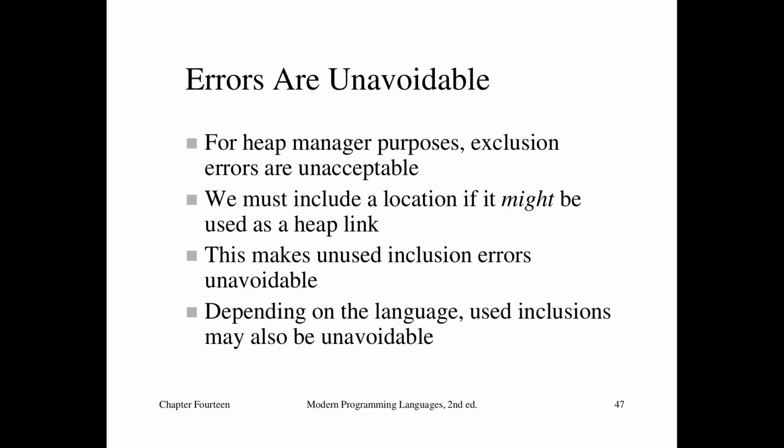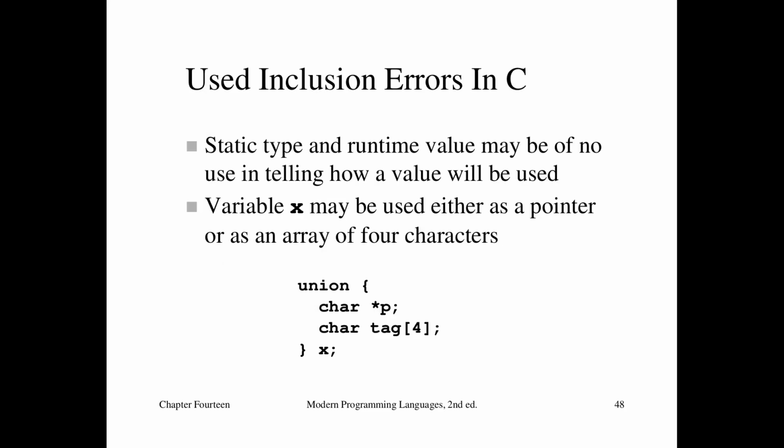If we accidentally give them the capability to use inclusions in the wrong way, we may not be able to escape that. For example, in C you can do pointer arithmetic. That's sort of like an inclusion error, but not something we should be worried too much about in Java. As I just said, use inclusion errors occur in C.